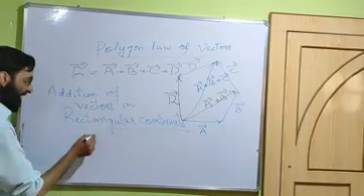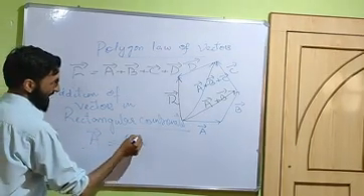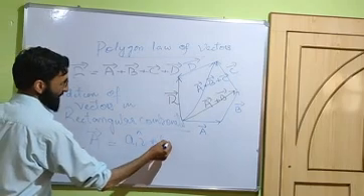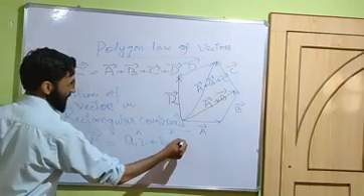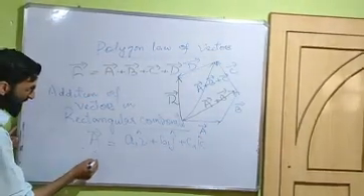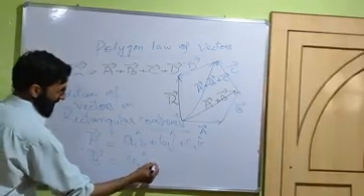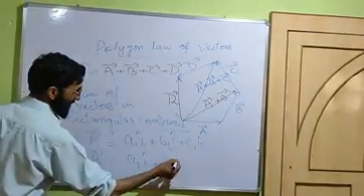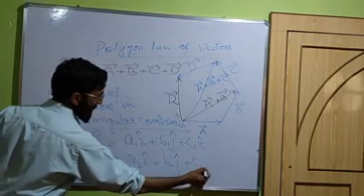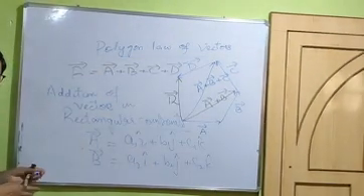Suppose we have vector A equal to A1 i cap plus B1 j cap plus C1 k cap, and we have vector B equal to A2 i cap plus B2 j cap plus C2 k cap. Then we have to find A plus B.